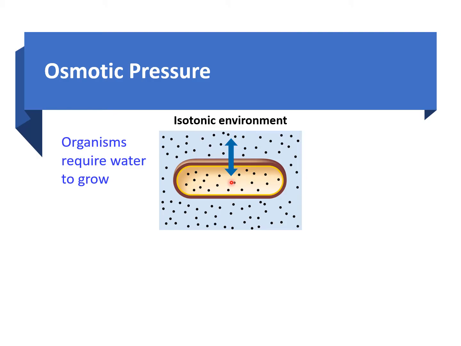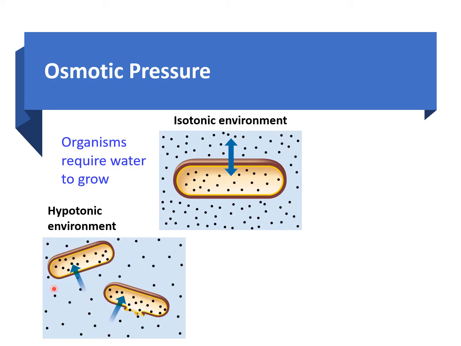And so most bacteria out there, because there are exceptions that we're going to talk about, they actually prefer living in an isotonic environment, because when they live in an isotonic environment, nothing is going to distort their shape or their size, because the water is going to enter and exit the bacteria cell at an equal rate. Okay.